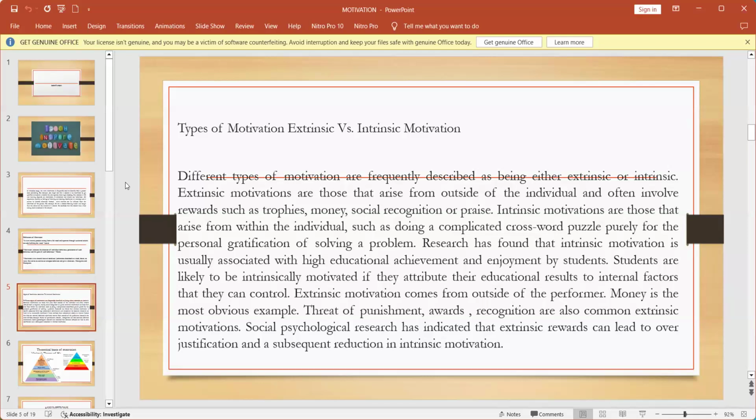But playing the guitar every day before going to bed makes you happy. So you're spending half an hour, 1 hour playing the guitar, not for any external rewards. It's only for your own internal happiness. That is intrinsic motivation.